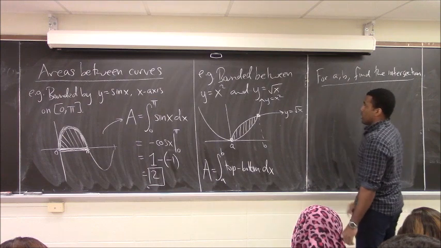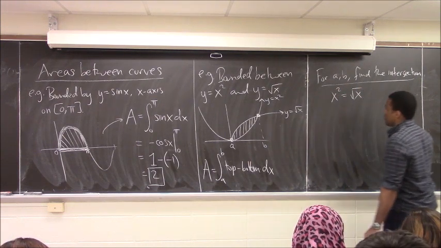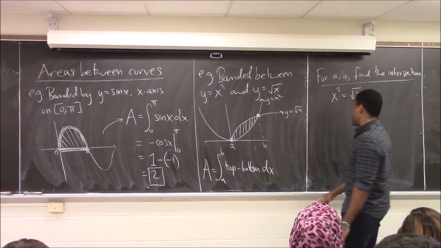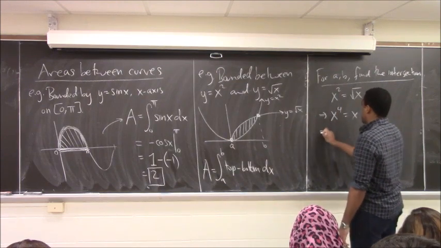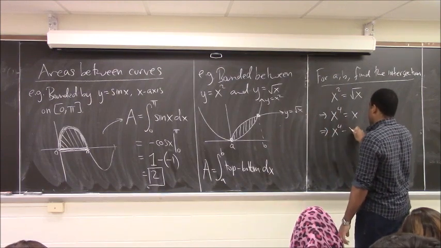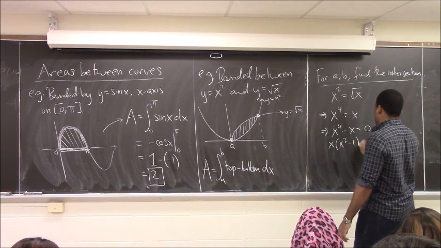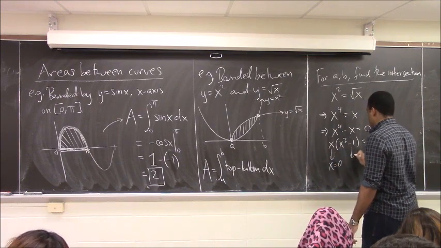So, you can set the y values equal to each other. Now from this, you can probably see by inspection 0 and 1 are going to be the solutions, but if you don't see that, you can square both sides, and as always, you solve equations by bringing everyone to one side and factoring. That gives you x equals 0, and that would give you x equals 1.